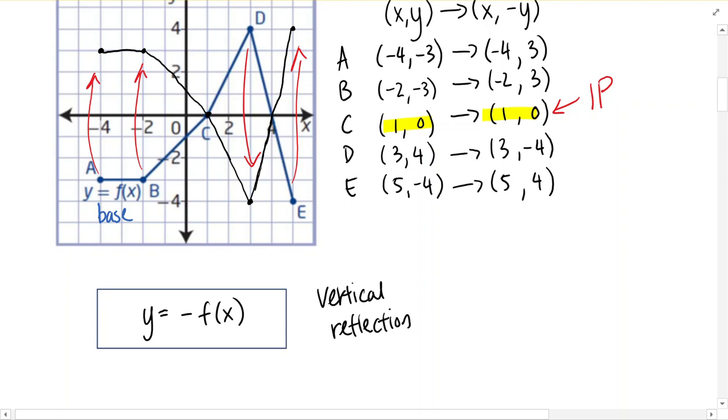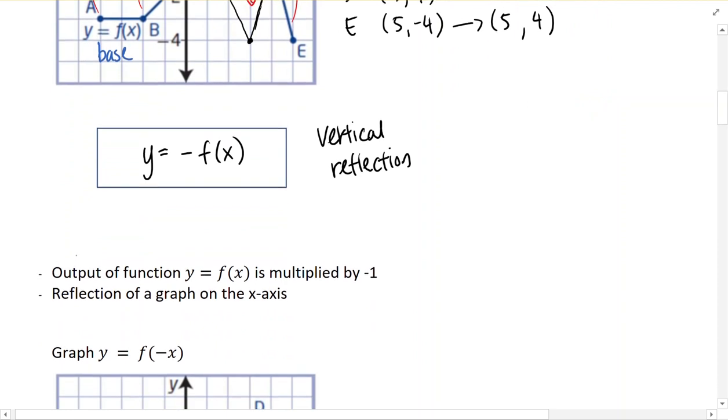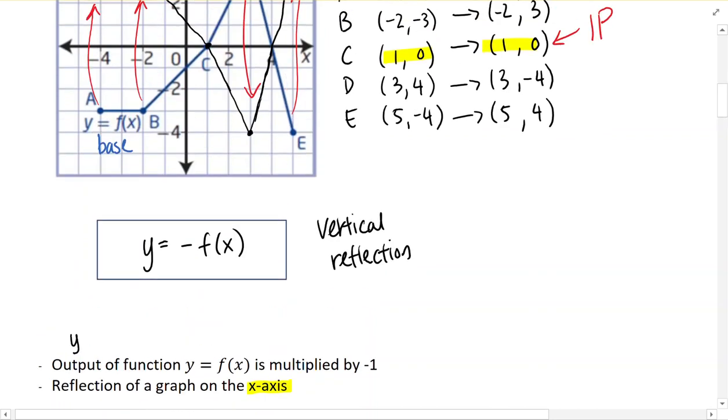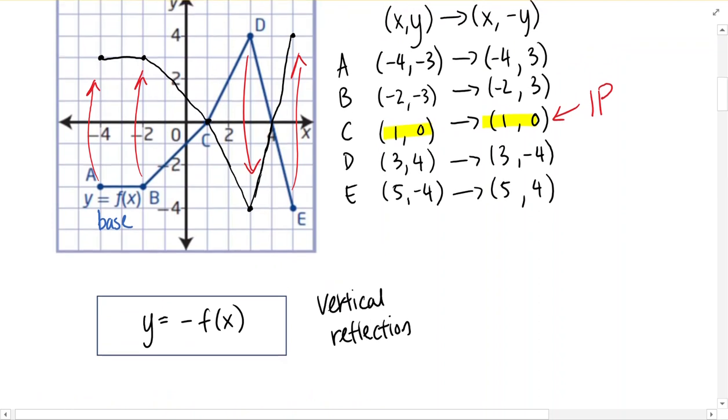Remember, vertical's up and down. So in a vertical reflection, the output, which is our y value, of the function is multiplied by negative 1. The reflection is on the x-axis. So that reflection line, as you can see, is the x-axis, okay?